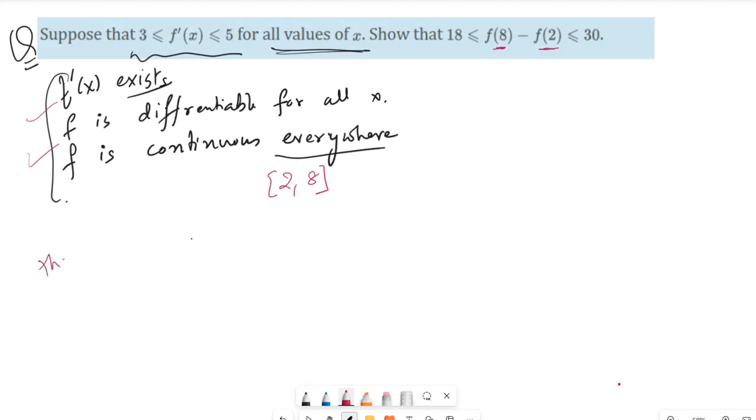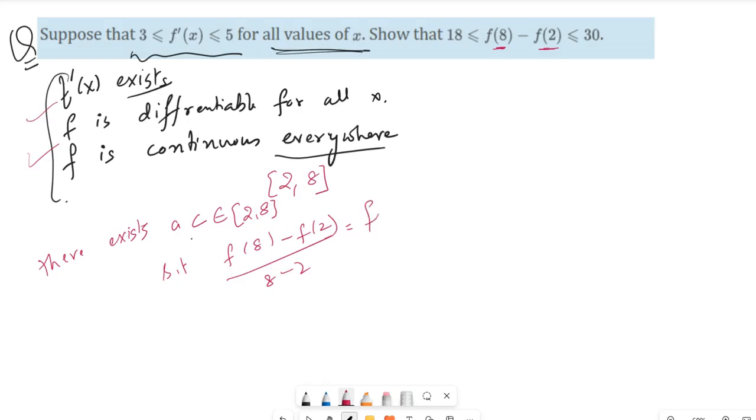So there exists a c belonging to this interval such that f of 8 minus f of 2 divided by 8 minus 2 is equal to f prime c.